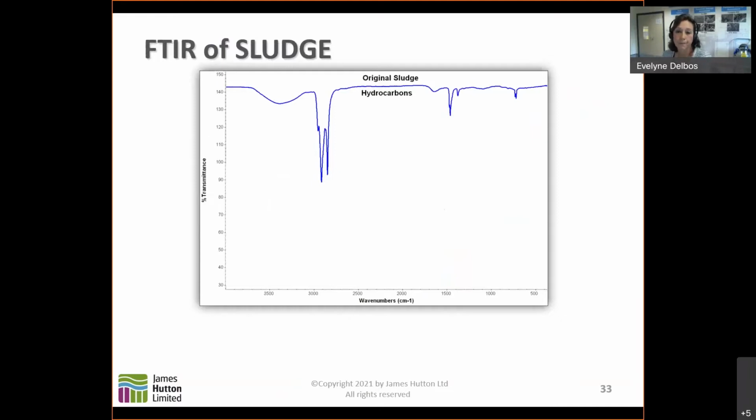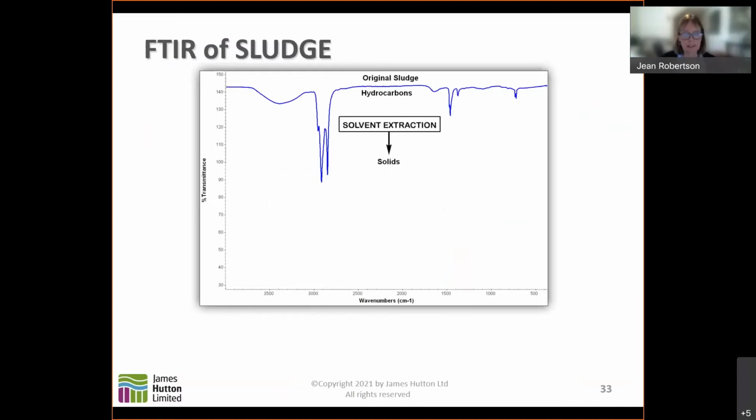Now, when we receive this type of sludge sample, and they are quite common because sludges can form in so many different places and they almost invariably cause a problem, blocking things or causing other issues, we always run the FTIR as received.